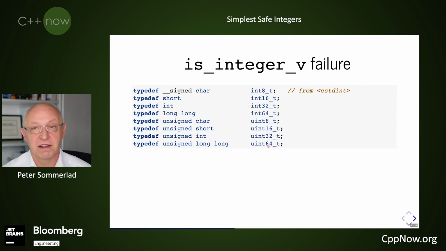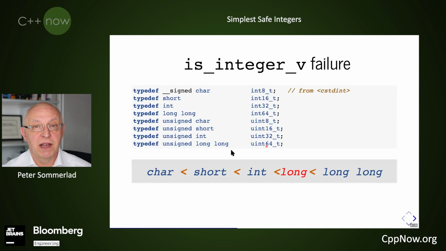And the problem is, if you look at integral promotion rules and implicit conversions from our types, we know that we have the conversion rank from char to short to int to long to long long. And if you look at the left-hand side of the types, or if it would have been written as using declaration on the right-hand side, we see that long long is missing.